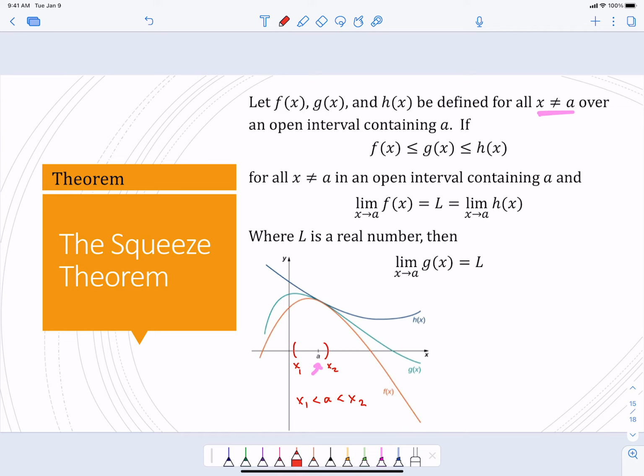And so if f of x is less than or equal to g of x, which is less than or equal to h of x, for all of the x values in that interval, again, we're excluding a because we're taking our limit going to a, so we don't care exactly what's happening at a. We might be undefined there.